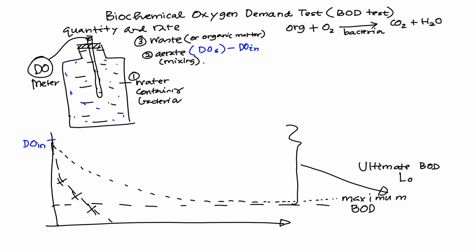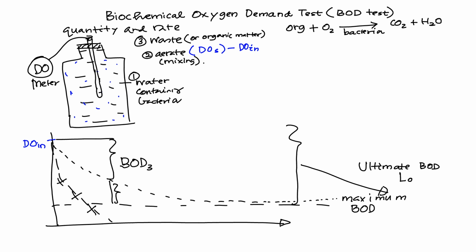If you look at any day, for example after 3 days, you look at the amount of oxygen that is consumed and the amount of oxygen that is remaining. The amount of oxygen that is consumed is the biochemical oxygen demand in 3 days, the oxygen demand that has already occurred in 3 days' time.